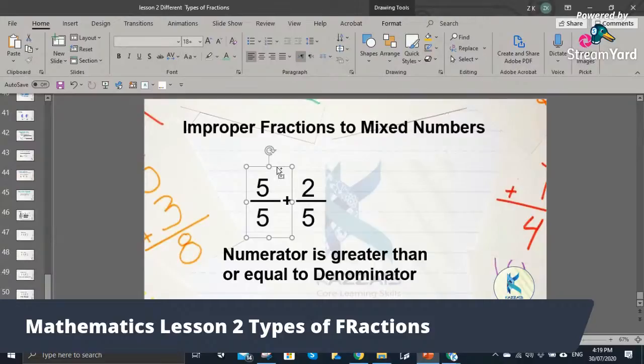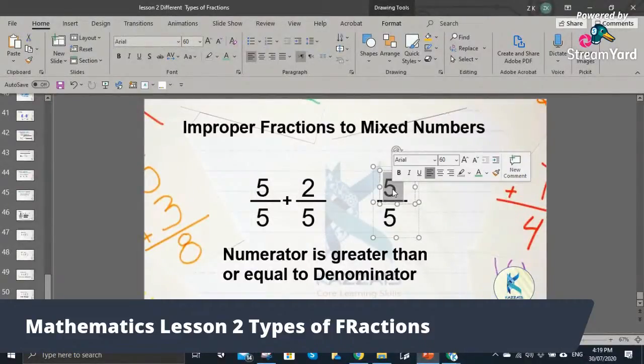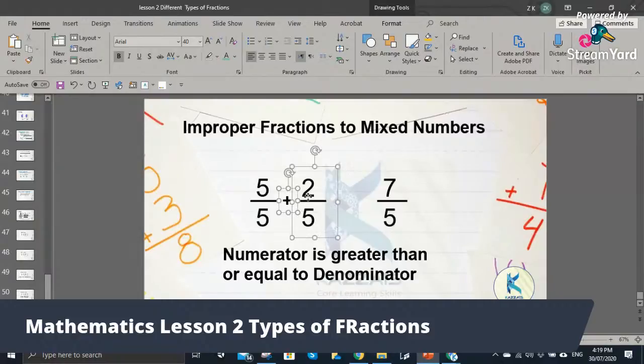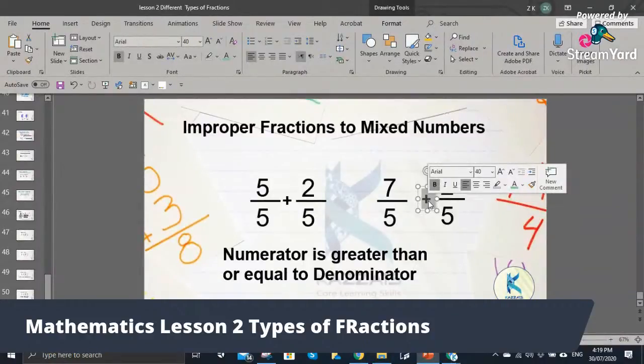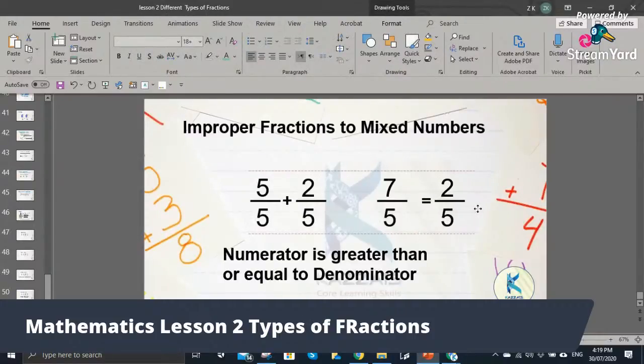So instead of 7 over 5, we can write 1 instead of 5 over 5 and 2 over 5 as it is.